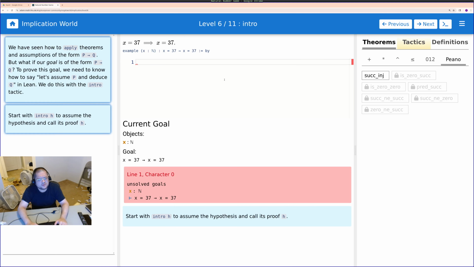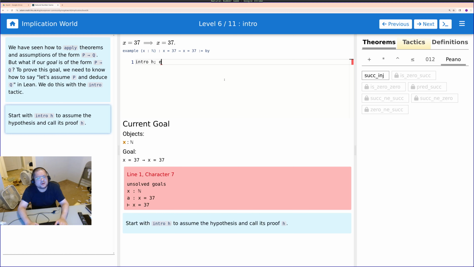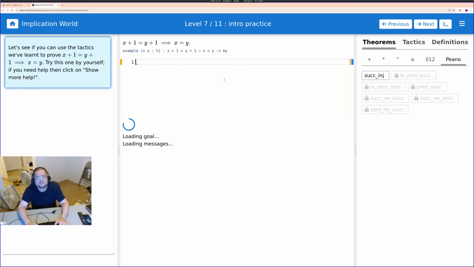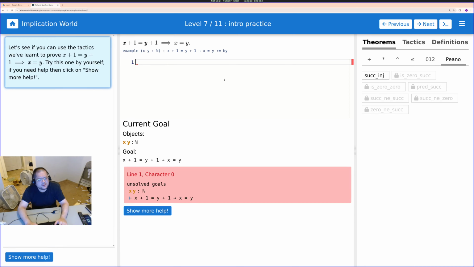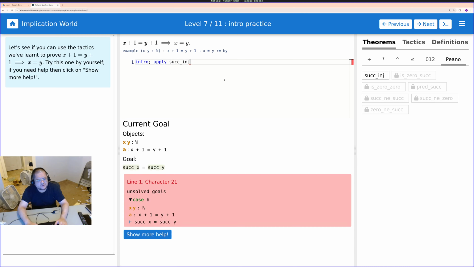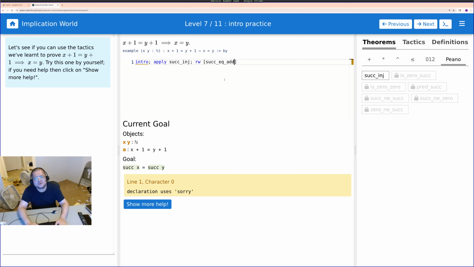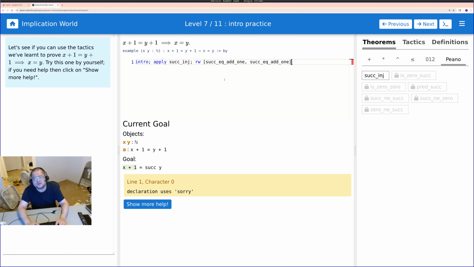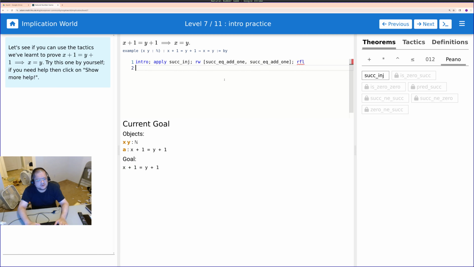Intro H, exact H. More intro practice. Intro. Apply successor injective. Rewrite successor equals add 1. Successor equals add 1. Now it should be done, right?